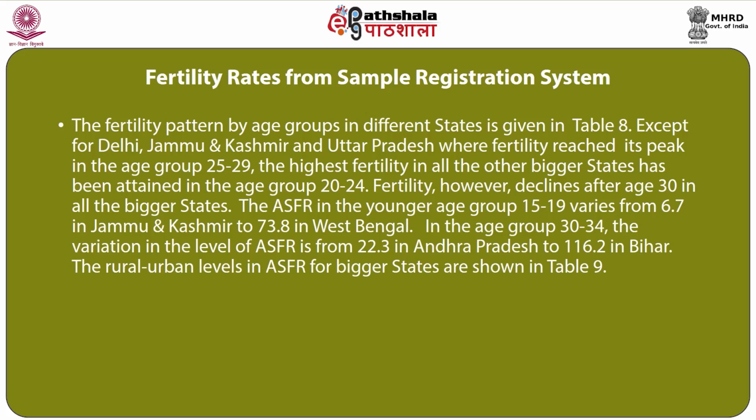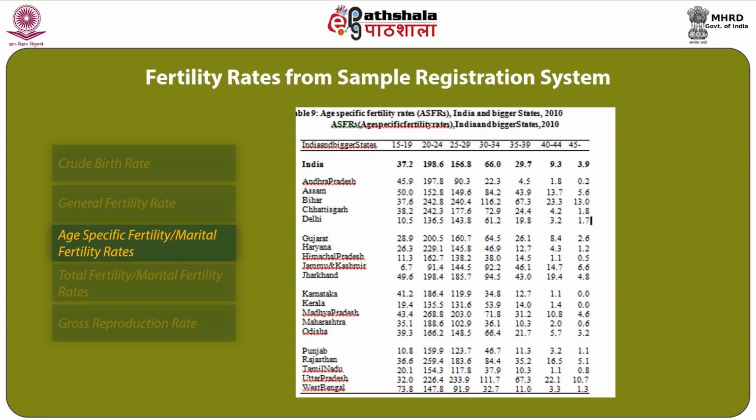The rural-urban levels of age-specific fertility rate for these states are shown in the table, which clearly reveals that the variations across states are very huge, and the levels have differed widely across age groups, and not only across age groups but also among the many states within the country of India.